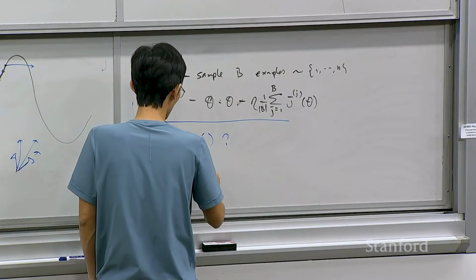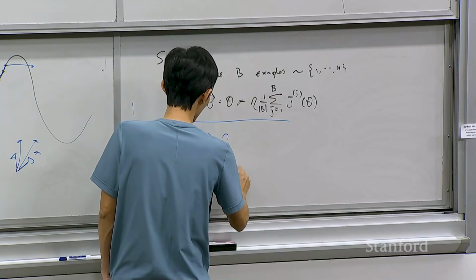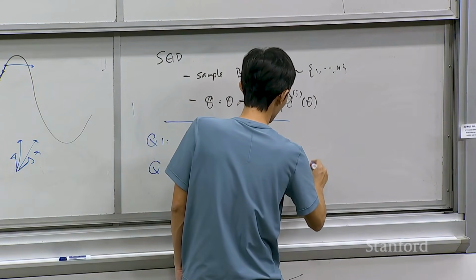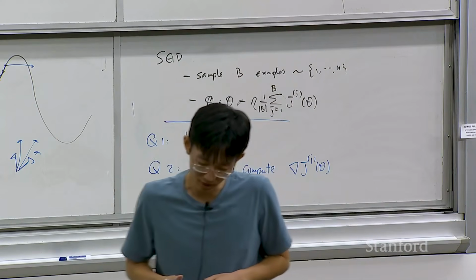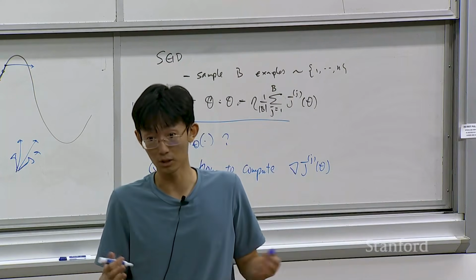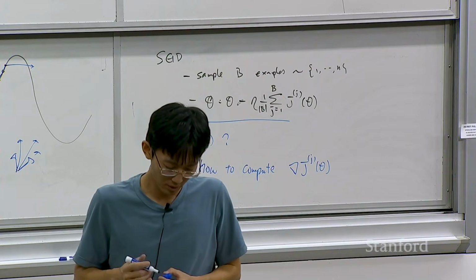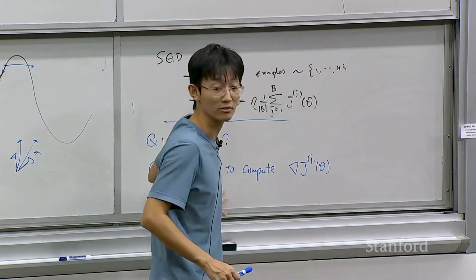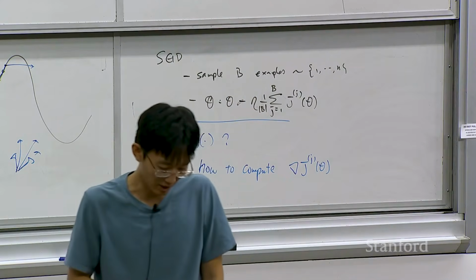And question two is how do we compute the gradient of J on each of the examples. And once you know how to compute the gradient for each example, you can compute the gradient for all the examples or a batch of the examples by averaging the gradient for every example. This is called backpropagation. The algorithm for this is called backpropagation or auto differentiation, which is the topic of the next lecture.